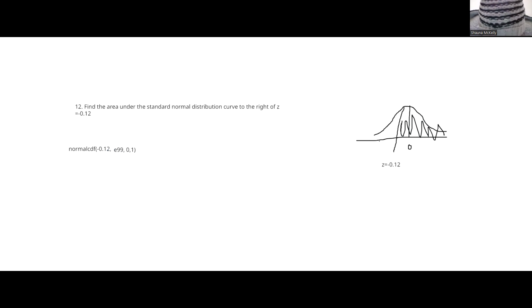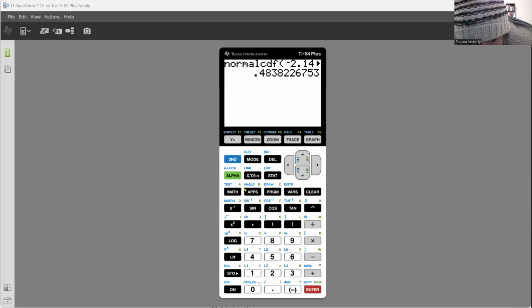This is our element, and we get, oops, pardon me. I'm going to go ahead and share screen. This is going to be second distribution. Remember, that's on top of ours.